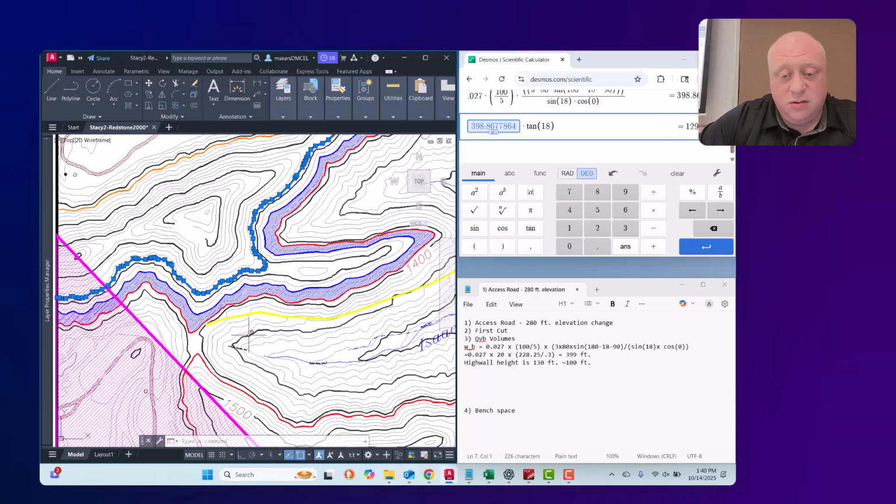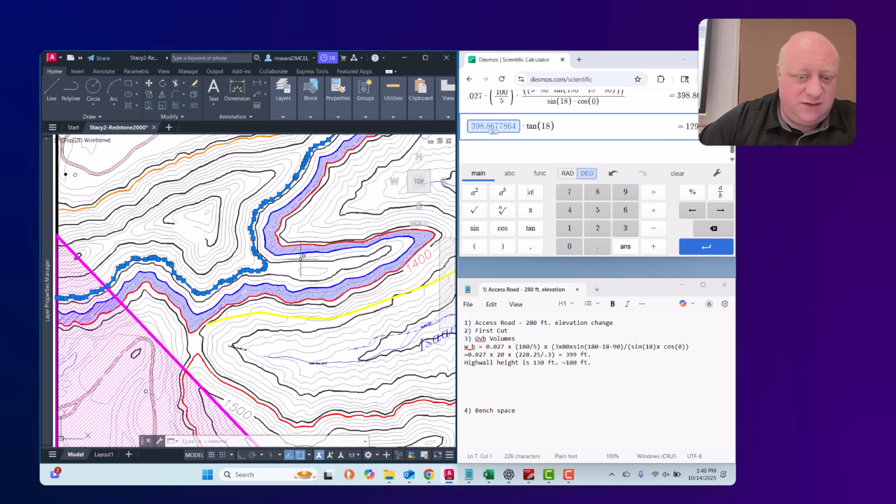Also, though, if you wanted to, you could leave the point here, shoot a box cut across it, and then high wall mine this over in here, and leave the rest of the bench the same. One advantage might be that it's less overburden removal.